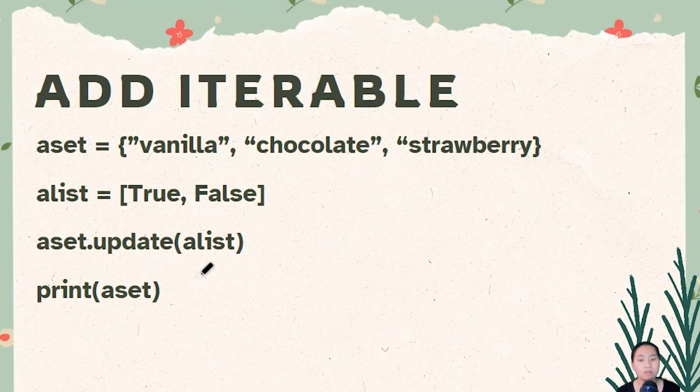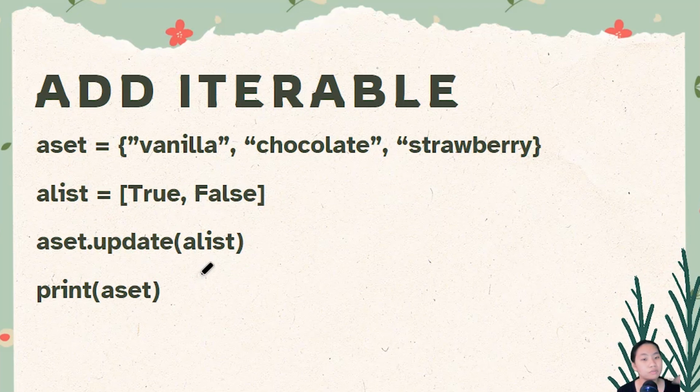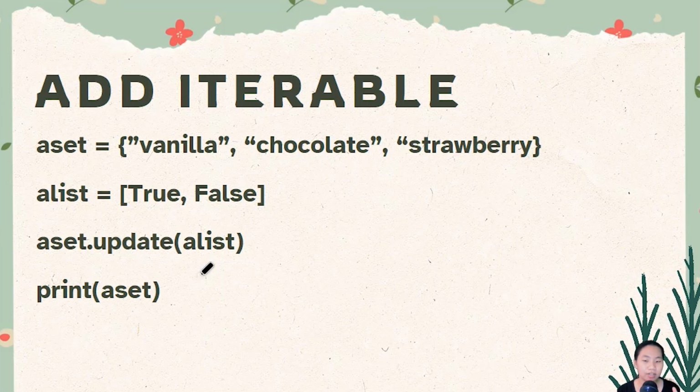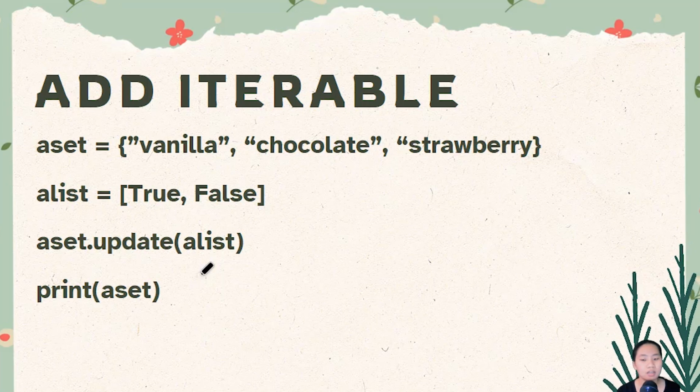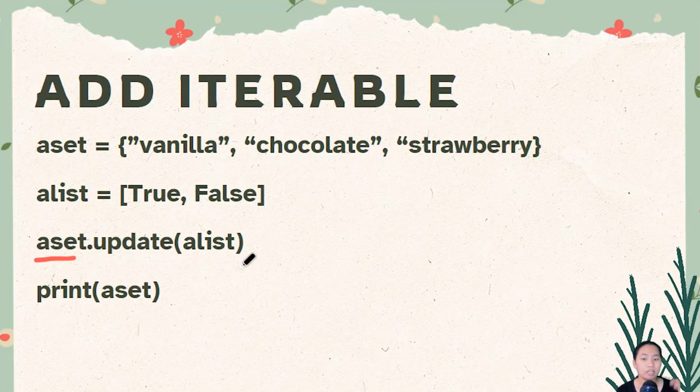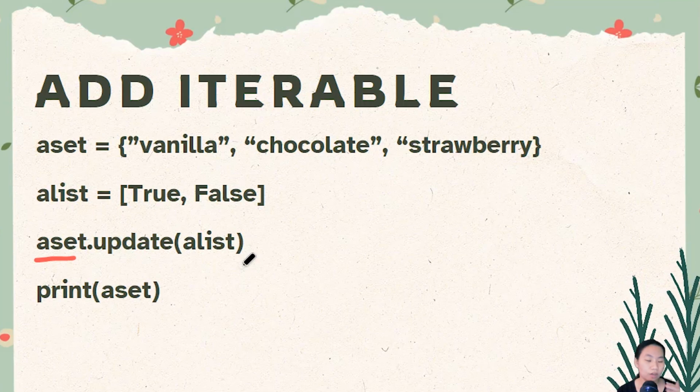And I would have vanilla, chocolate, strawberry, true and false, not in that order because sets are unordered, for the third time. But when you return the type of the set after you run this statement, it would be a set. It would not be a list.